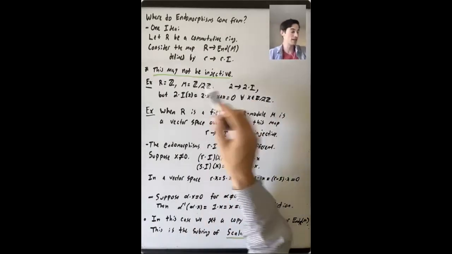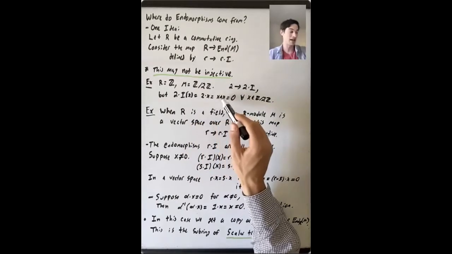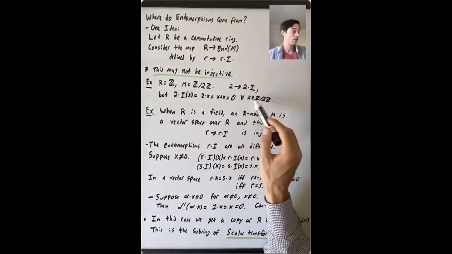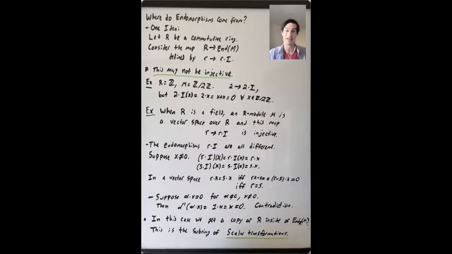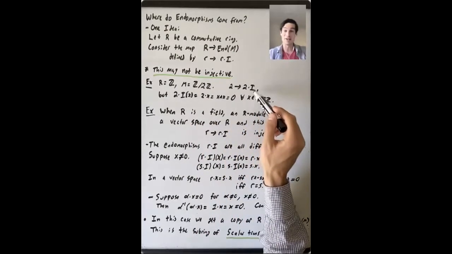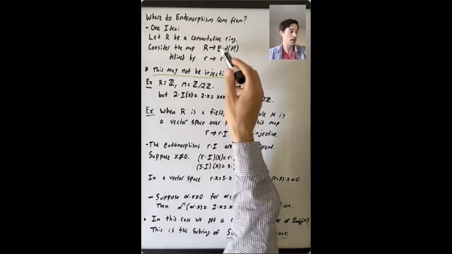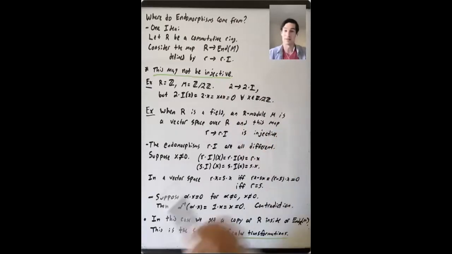But what does 2 times the identity do to any element? It just sends x to 2x, which is just x plus x, which is 0 for all elements x in Z mod 2Z. So the endomorphism we get over here is the 0 endomorphism. So it's just not true that this map is injective here.